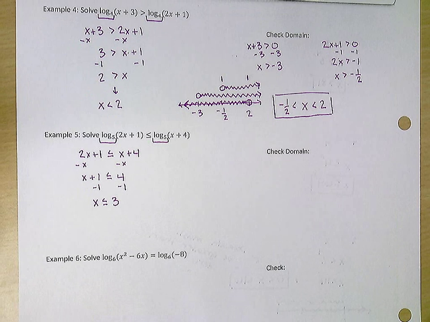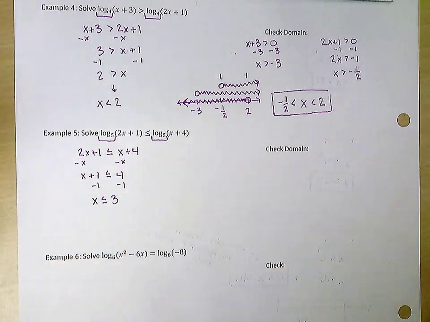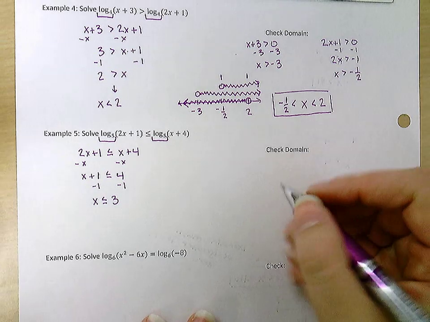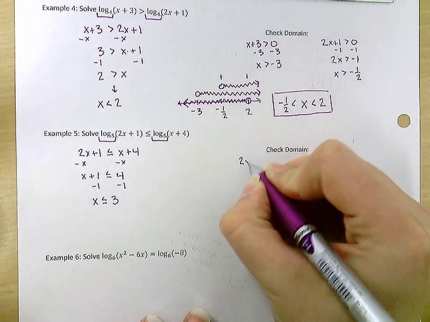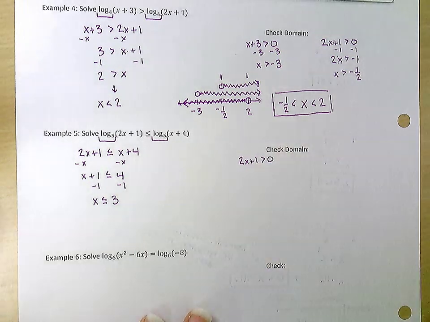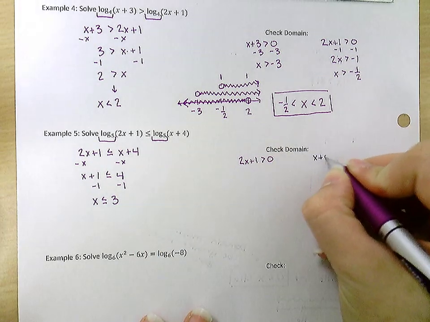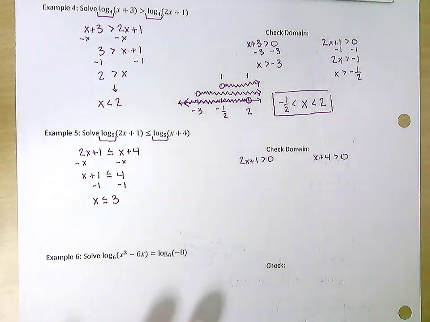My next step is to check the domain. So I need to take each of the values in those parentheses and set them greater than 0. So 2x plus 1, that first one there, has to be greater than 0. And that second one right there, x plus 4, also has to be greater than 0.